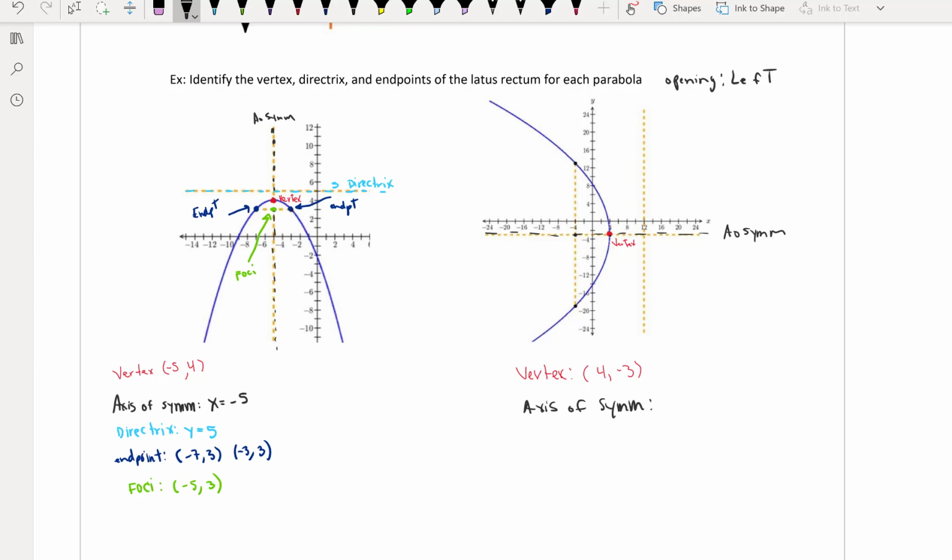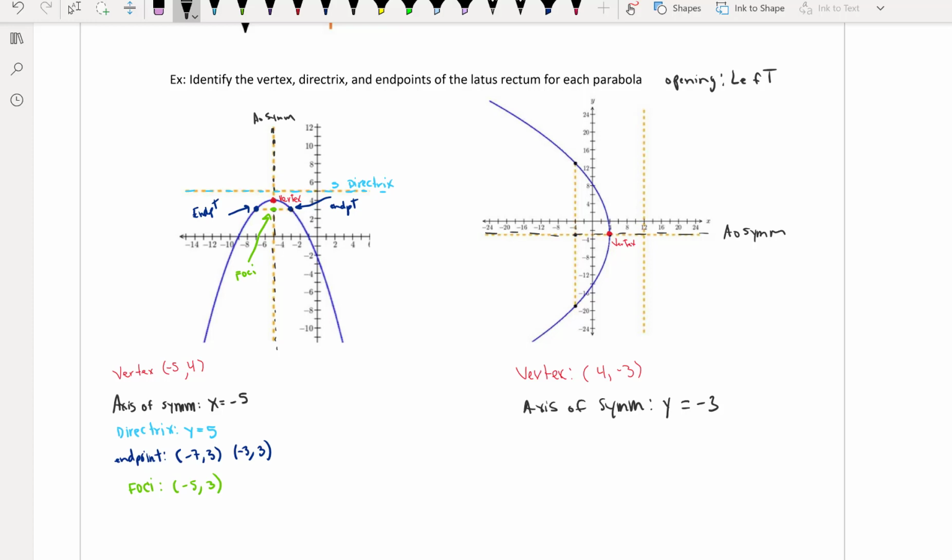The axis of symmetry is actually going through the y-axis. Since it's going through the y-axis, this is a horizontal line. So I'm going to have that y is equal to -3. Okay, that y value is -3.